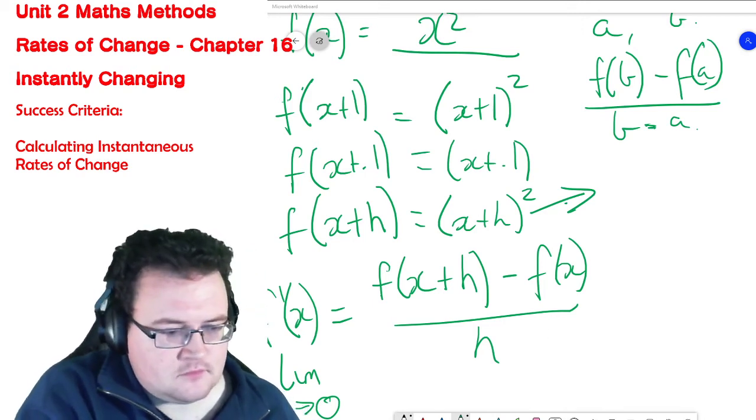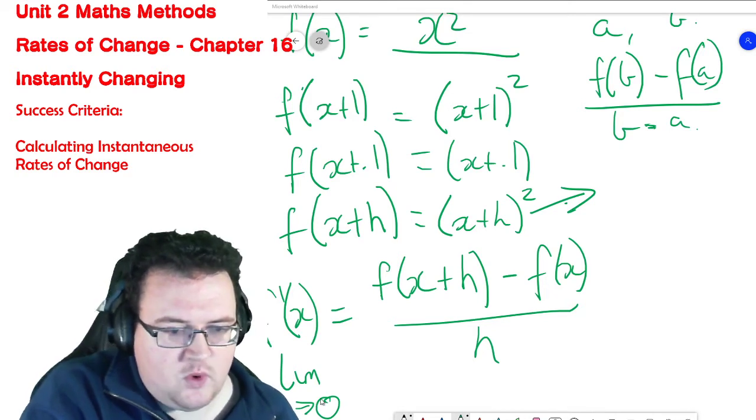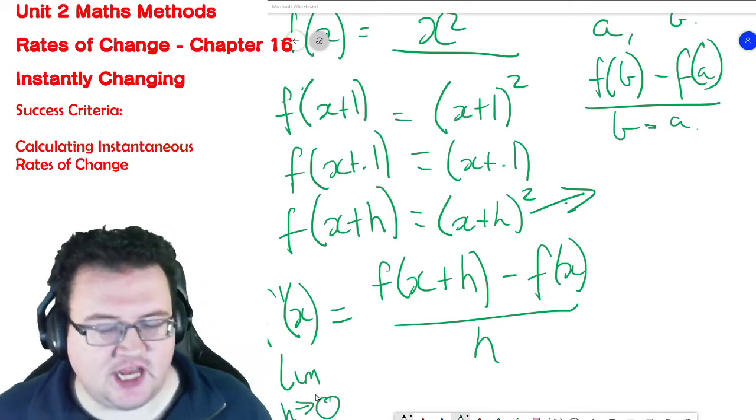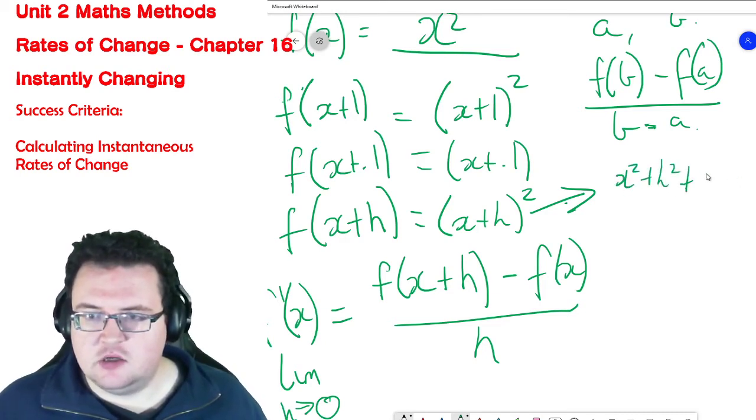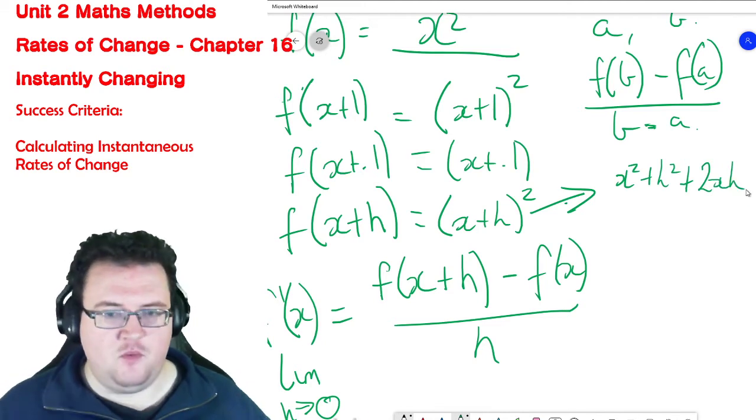X squared plus h squared plus 2xh. All right, cool, so it's x squared plus h squared plus 2xh. I'm with you so far?